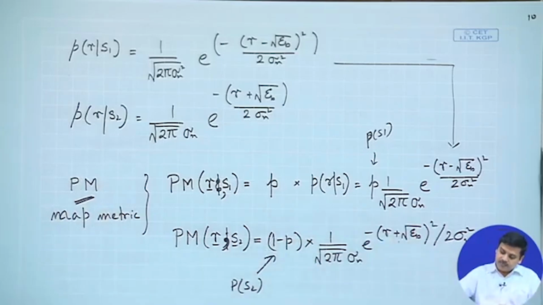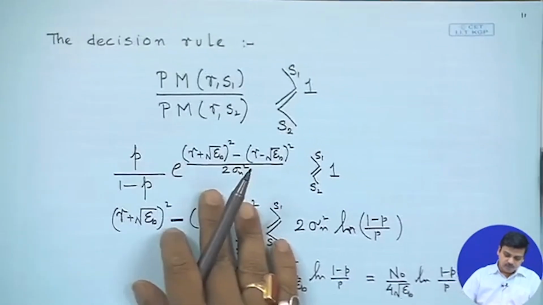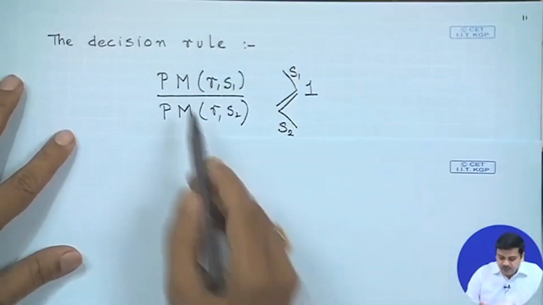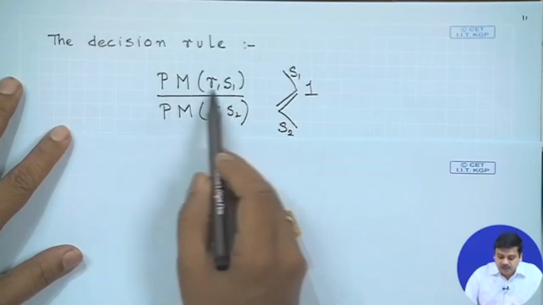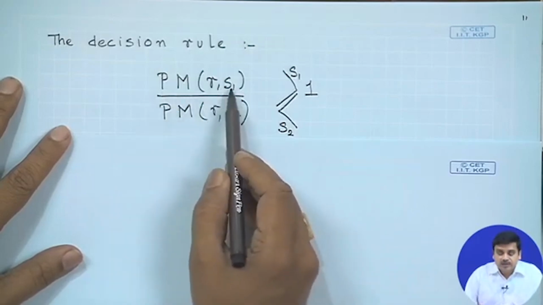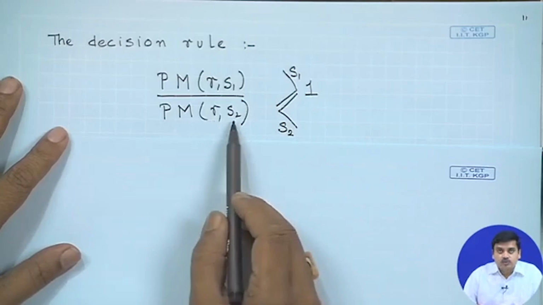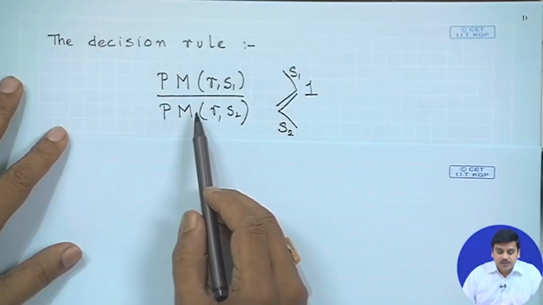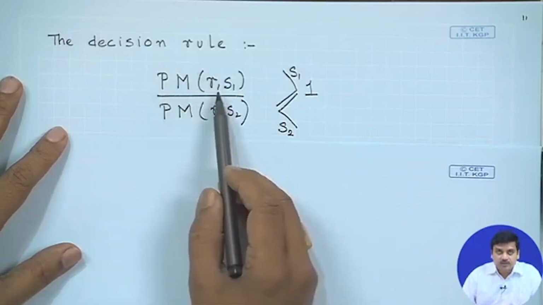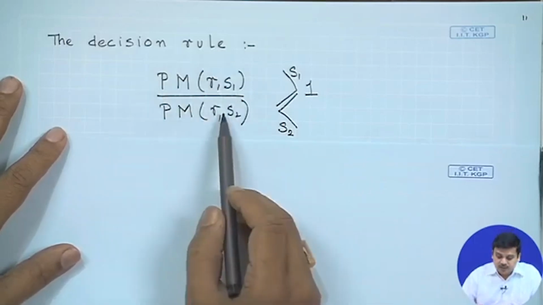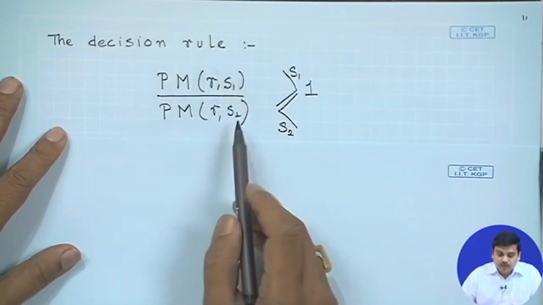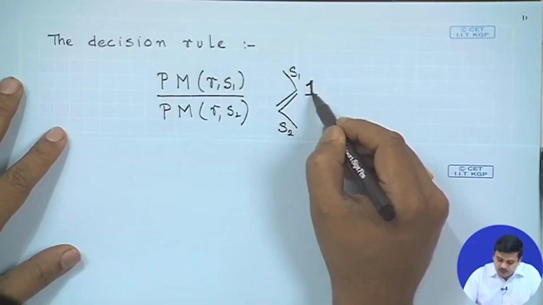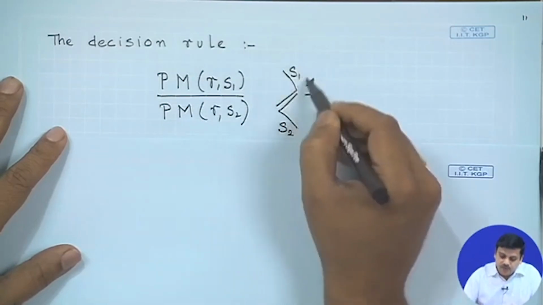So, we could say we have a decision rule where we take the ratio of the metric of R and S1 and R and S2, which is sometimes called the likelihood ratio test. These are the likelihood functions of R with S1 and R with S2, and we are taking the ratio of them. If this ratio is greater than 1, my decision would be S1.